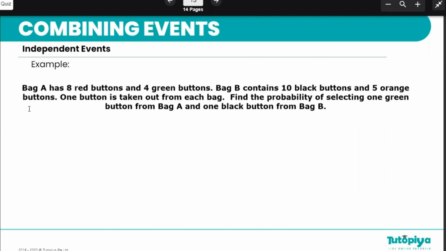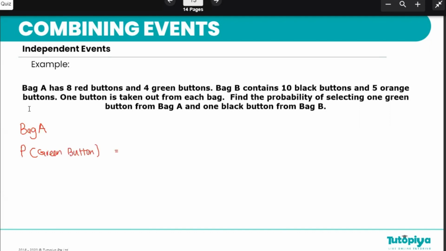Find the probability of selecting one green button from bag A and one black button from bag B. So initially, I'm going to figure out the probability of selecting one green button from bag A. Selecting a green button from A and selecting a black button from B are independent events, because the probability of selecting a green button from A does not affect the probability of selecting a black button from B.